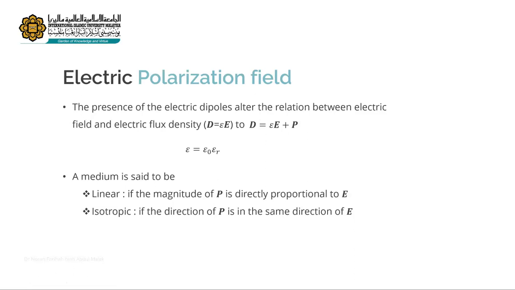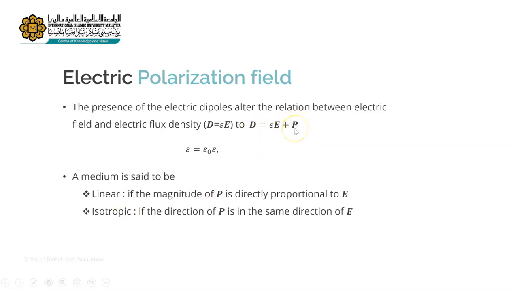The presence of the electric dipoles alters the relation between electric field E and electric flux density D. So when you have D, the flux is equal to permittivity times the electric field E. What the dipoles do here is you add P at the end.